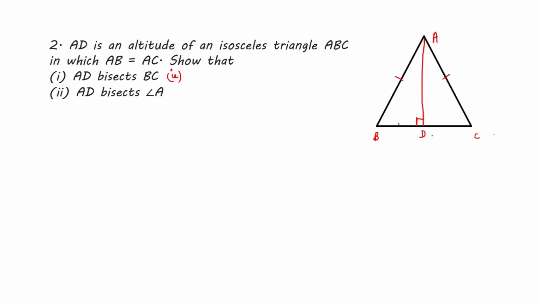That is, side BD is equal to side DC needs to be proved. Also, we need to prove that AD bisects angle A, that is, angle BAD is equal to angle CAD. That these two angles are equal. Now let's see how we can solve this question.